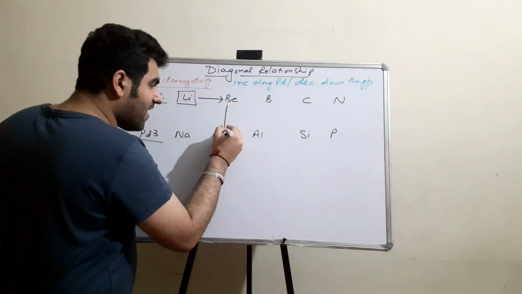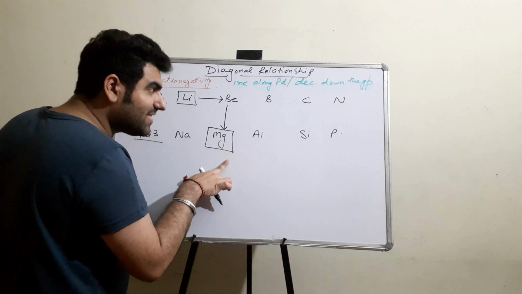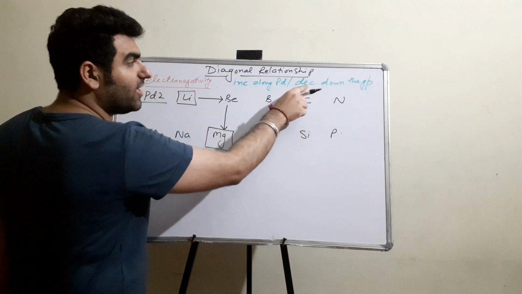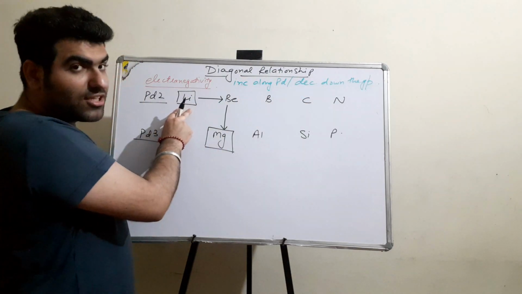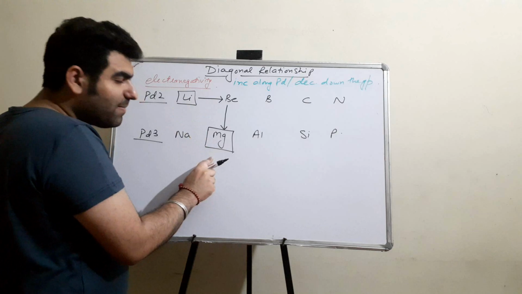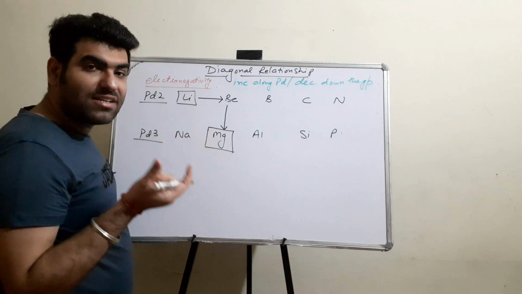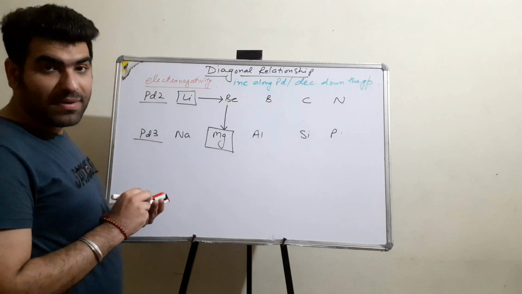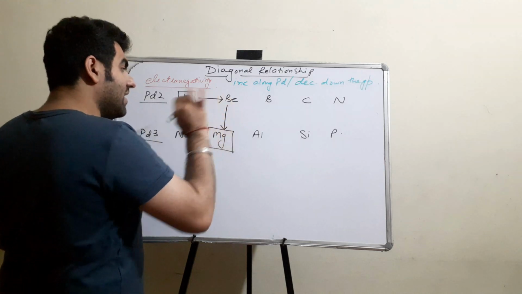But now if I am moving down the group, magnesium is having lesser electronegativity as compared to beryllium, because down the group it decreases. So the difference between the electronegativity for lithium and magnesium is very, very less. So they will resemble in their properties, forming a diagonal relationship.